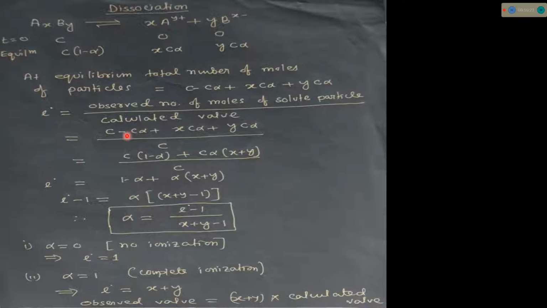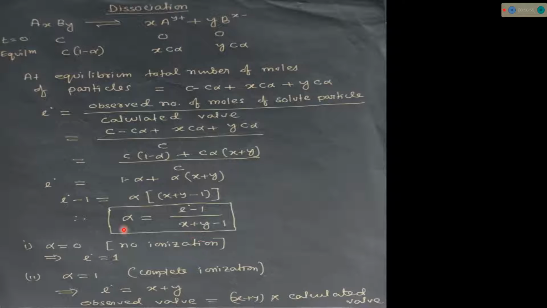The mole number C minus C alpha plus all these terms, and the calculated value means initially only C. Now from these expressions, if we try to find the relation between alpha and i, we will find alpha, the degree of dissociation, equal to (i minus 1) upon (x plus y minus 1). x and y are the mole numbers of the cation and anion after dissociation.